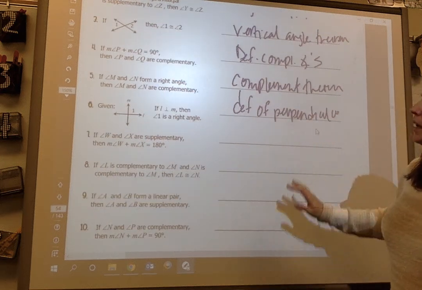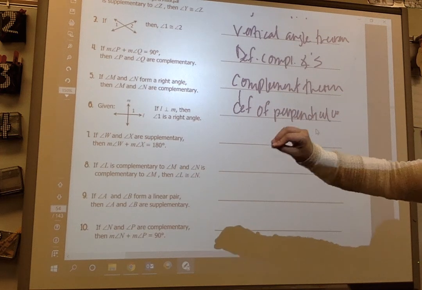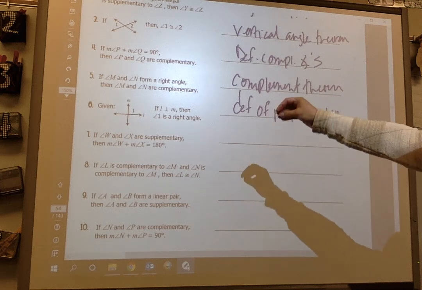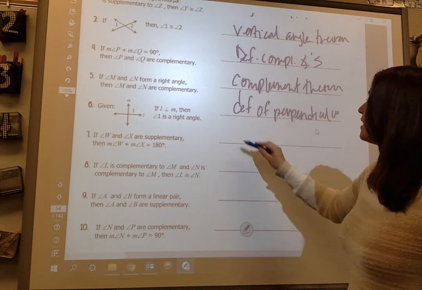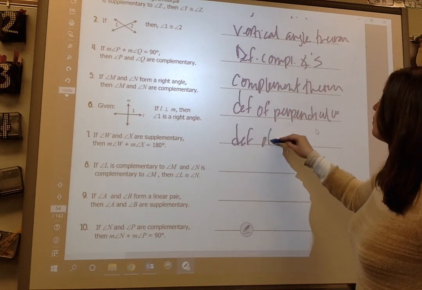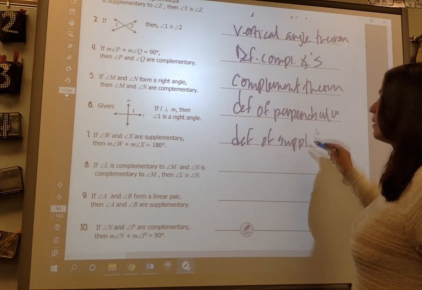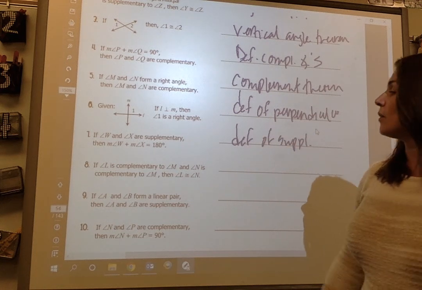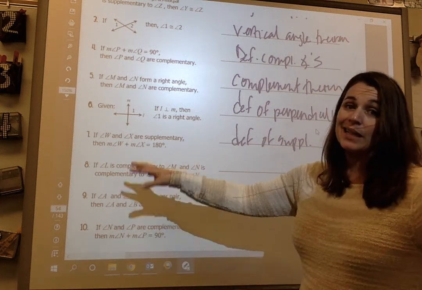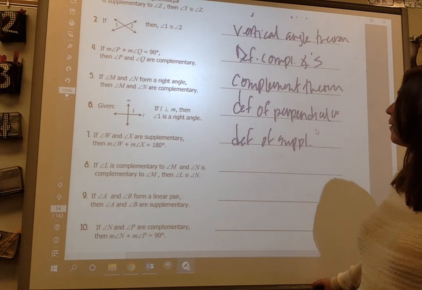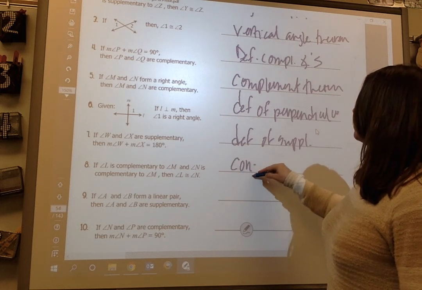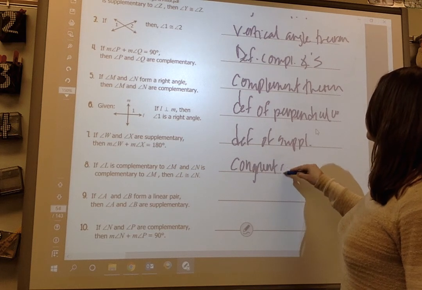Number 7: if angle W and angle X are supplementary, then angle W plus angle X equals 180 degrees. That is definition of supplementary angles. All right, so here's that congruency and transitive property statement in one. So number 8 is congruent supplement theorem. No, it's not. It's congruent complement theorem.